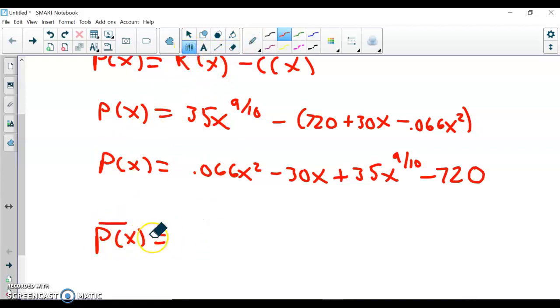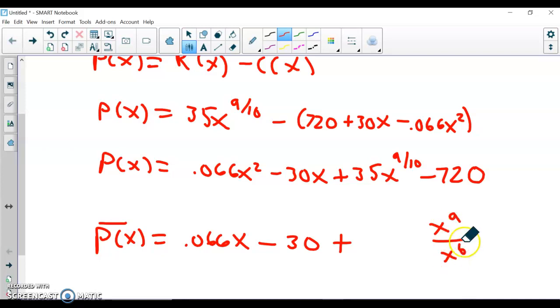So our average profit function is, we're going to divide, it's easiest to divide every term individually, rather than dividing the whole thing by x and trying to do the quotient rule, right? If I divide the first term by x, then I have x squared divided by x is just now a single x. Minus, here if I divide this term by x, the x cancels. Here if I divide this term by x, remember the rule is when you divide like bases, in this case x, you need to subtract the exponents.